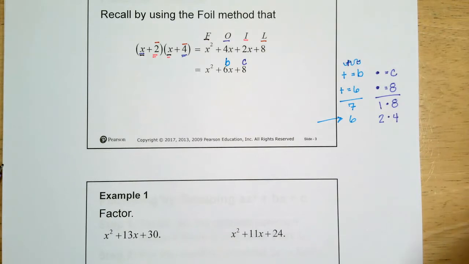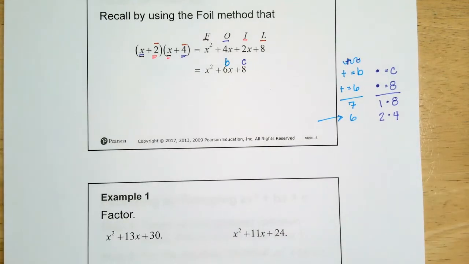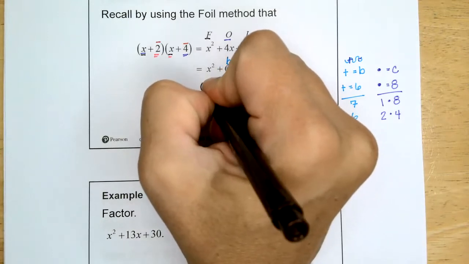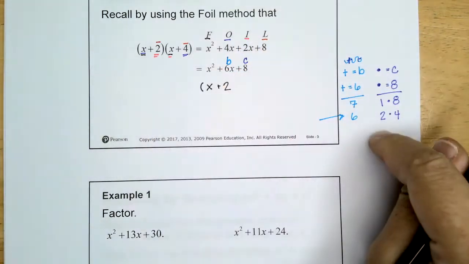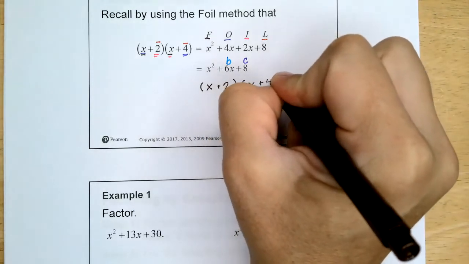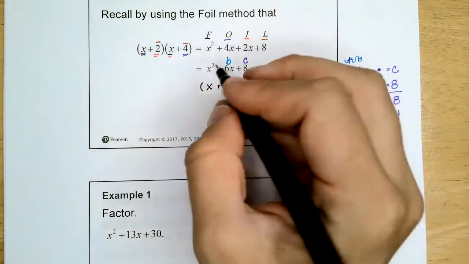Then we just factor the polynomial. We take those numbers, 2 and 4, and put them in: x plus 2, because it was a positive 2, times x plus 4. Then we check it using FOIL.